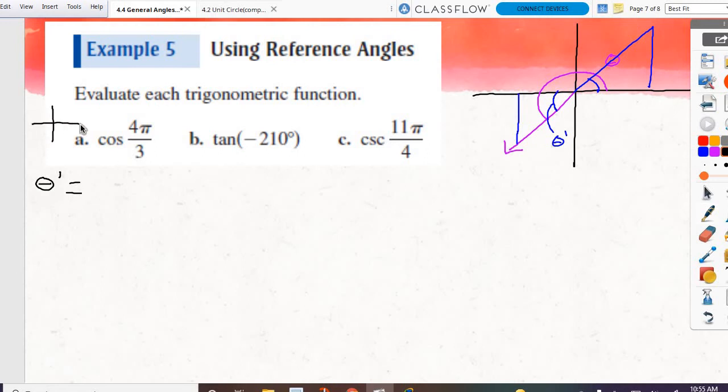What quadrant are we in? The third. So what would we do? Not subtract pi, but, oh no, sorry, yes, you're right. So subtract our pi, yes. Okay, and so what do we get?